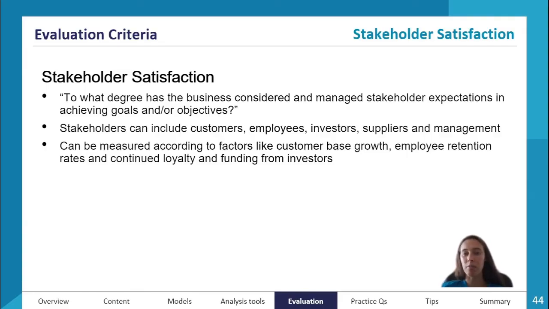If you're growing your customer base, that probably means you've had some word of mouth traction, with people speaking positively about the business and driving more customers to use your services or buy your products. And loyalty and funding from investors is always going to indicate that they are getting good returns, and that they are happy with the level of transparency in the organization.